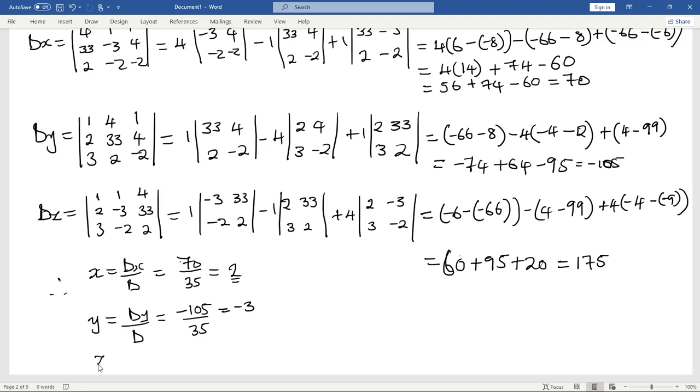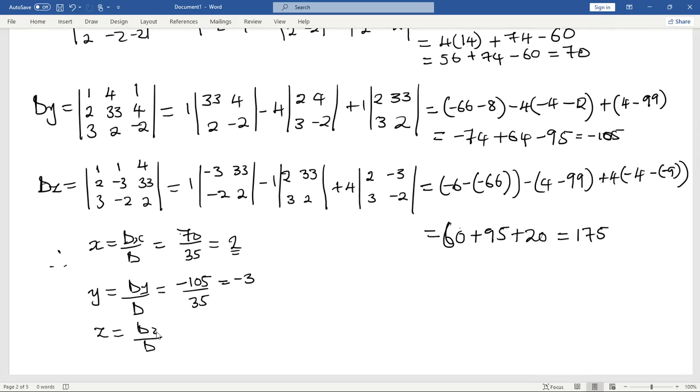Then for z here, we say dz over the determinant there, simply equal to the value that we have, which is 175 divided by 35. So if you divide this into that, we simply get 5 there. So we have x is equal to 2, y is equal to negative 3, and z is equal to 5.